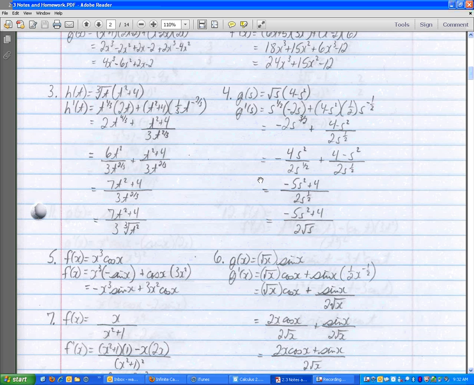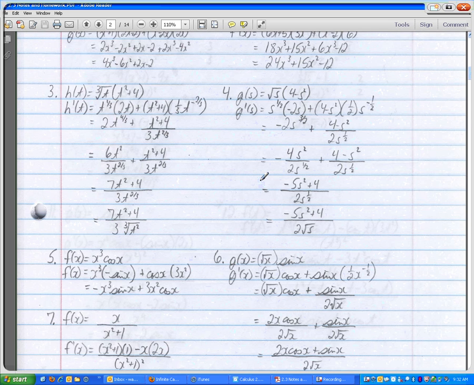All right, use the product rule to differentiate the function. On number 3, we've got h of t equals the cube root of t times the quantity t squared plus 4. I didn't take a step to write it, but I thought of that cube root of t as t to the 1/3.